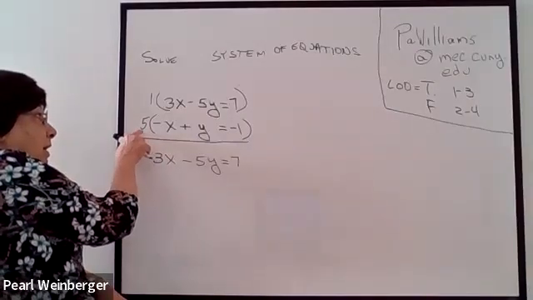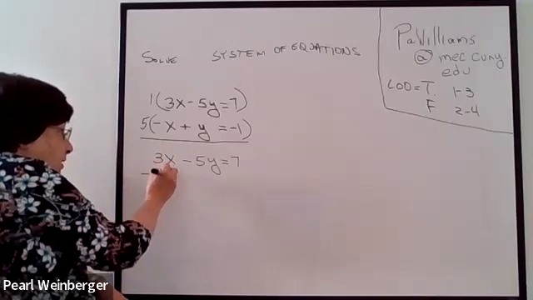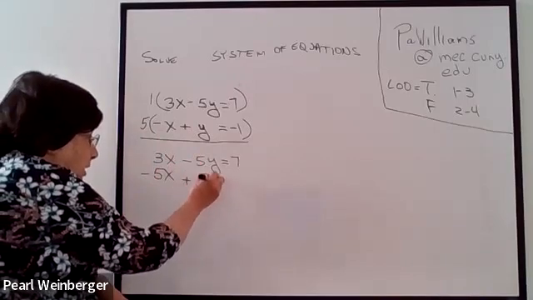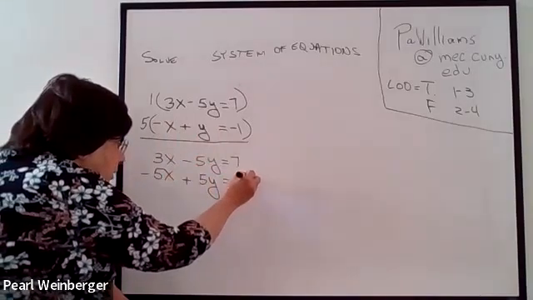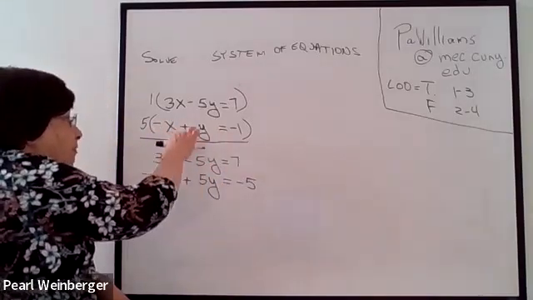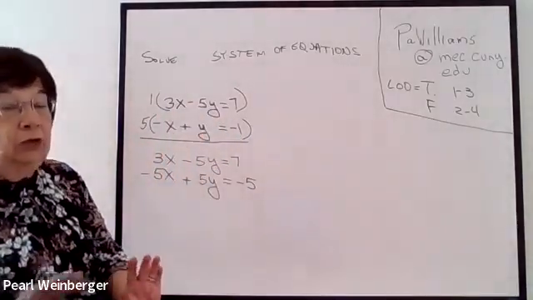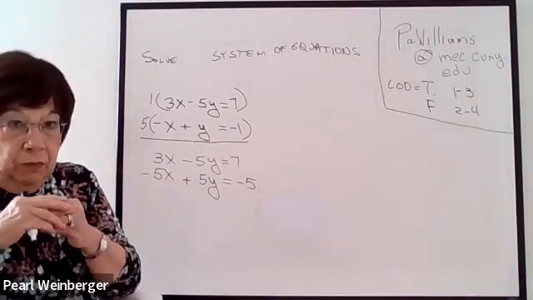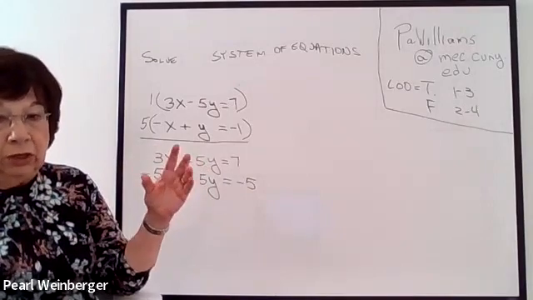When I multiply the second equation by 5, I'll get 5 times negative x, which will give me negative 5x. 5 times y, which gives me positive 5y, equals 5 times negative 1, which is negative 5. Don't forget to multiply every single term on both sides of the equation by that number. You don't want to change the equation. By multiplying through by the same number throughout, you're not changing your equation.